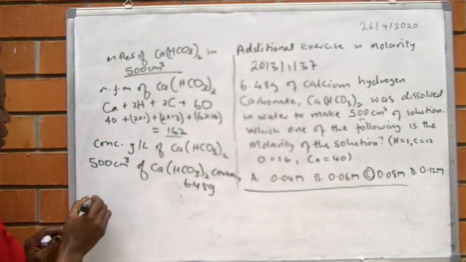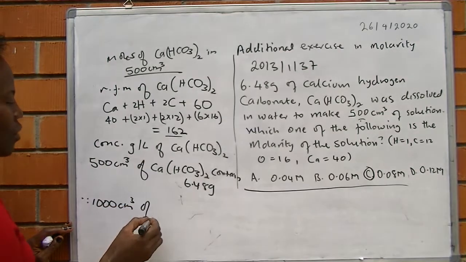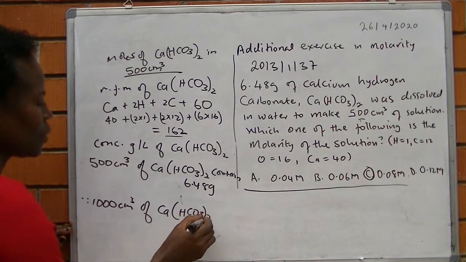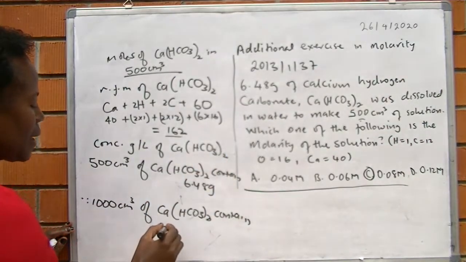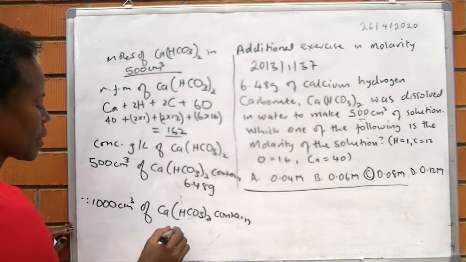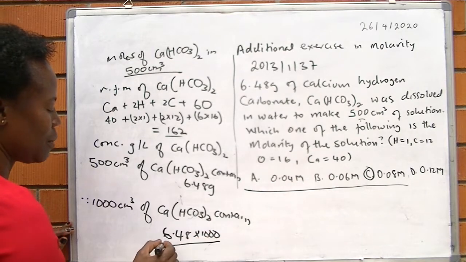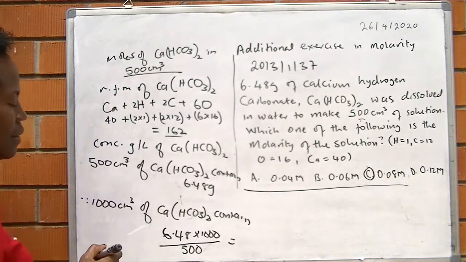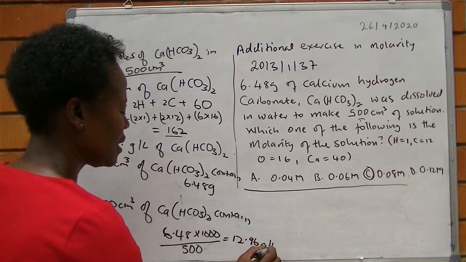What about 1,000 cubic centimeters of calcium hydrogen carbonate will contain, we always cross multiply, 6.48 times 1,000 and then divide by 500, and the answer is 12.96 grams in a liter.